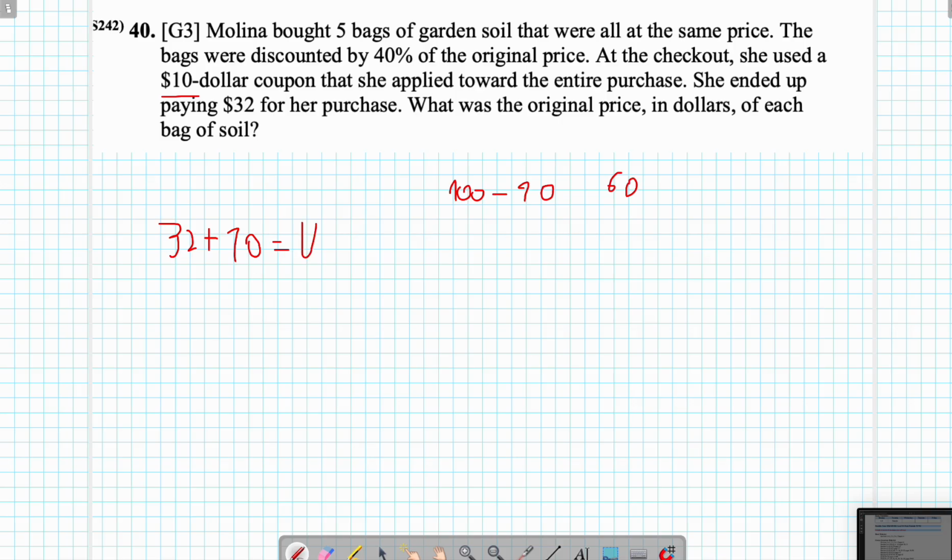So 0.6 times, they say that she bought 5 bags, so 0.6 times 5 times the original price, which is what we're looking for. I think that's as clear as it gets. So 42 is equal to 3x. X is equal to $14. As simple as that.